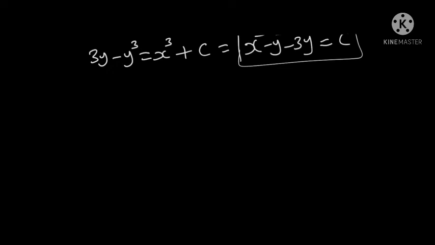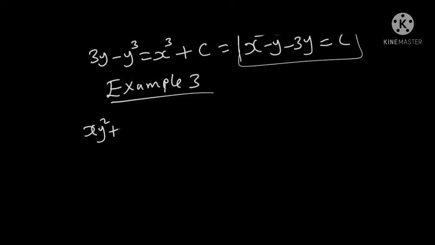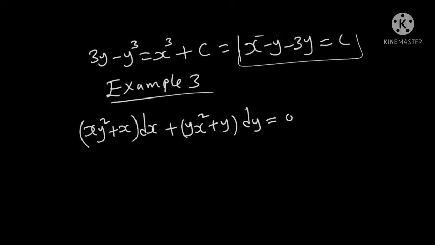Now let's go to example 3. (x y squared plus x) dx plus (y x squared plus y) dy equals 0.